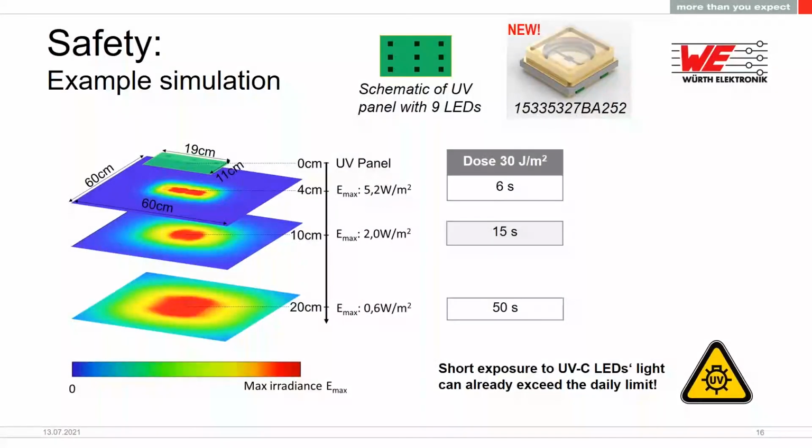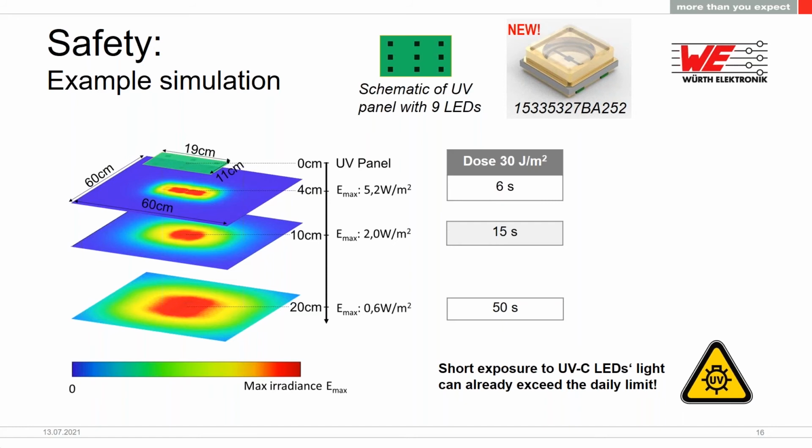I want to show you also an example simulation regarding safety with our UV panel that I showed earlier, to see how fast it's actually possible to achieve this maximum dose. So if you're 20 centimeters away, you can achieve the dose of 30 joules per square meter in 50 seconds.